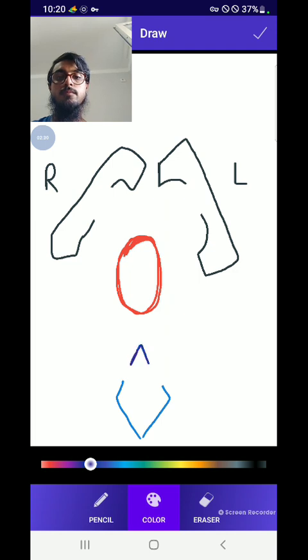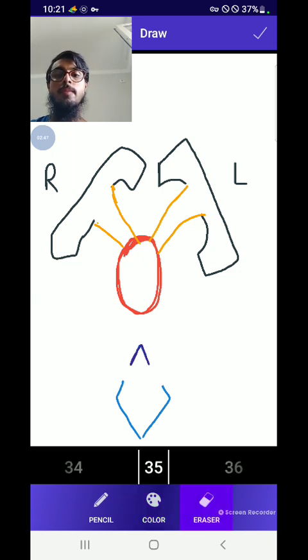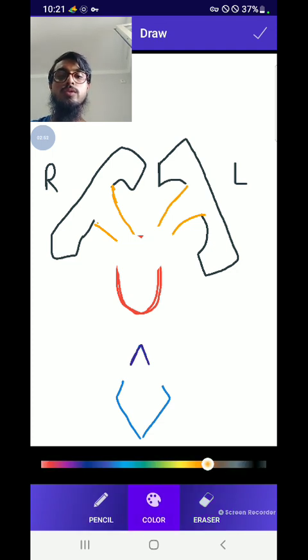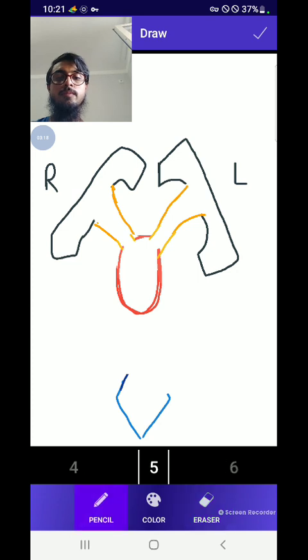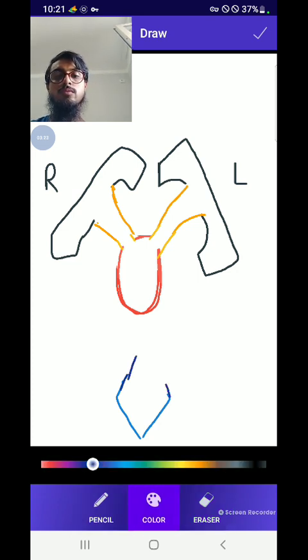So the connection of the lateral ventricle to the third ventricle, you must remember the names of the connections between the ventricles.